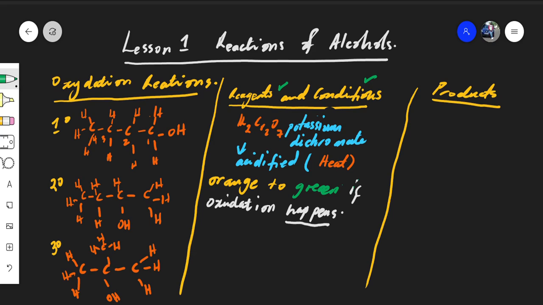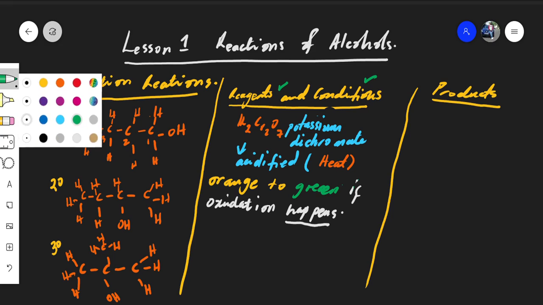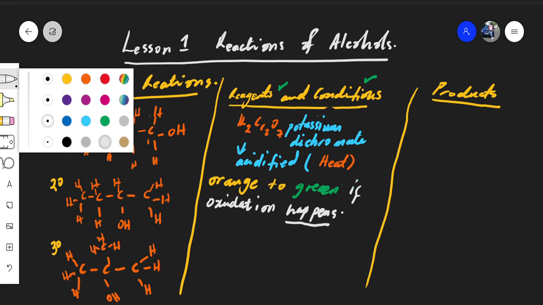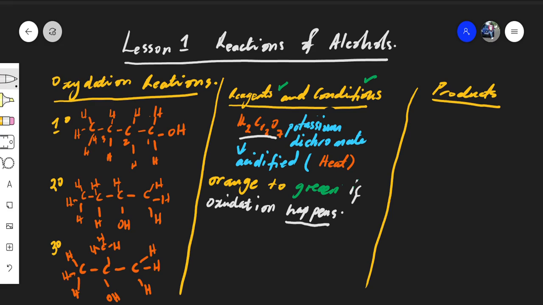This reaction needs an oxidizing agent, and the oxidizing agent that you are going to use is potassium dichromate. You can use the formula, or you can write it in words. Then the potassium dichromate must be heated. So you take your alcohol and you heat it with acidified potassium dichromate.